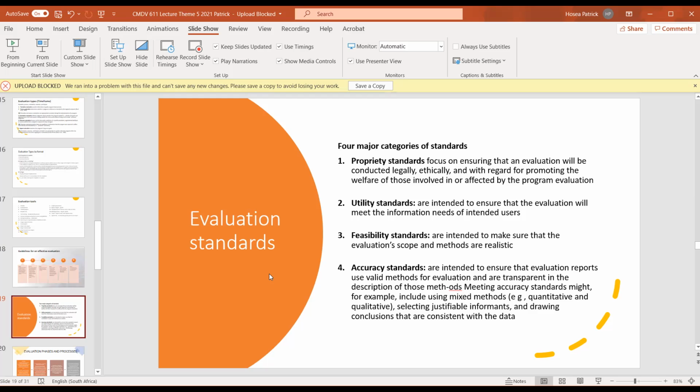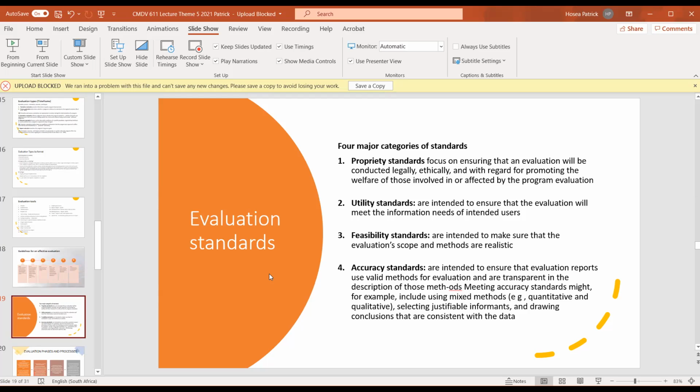Evaluation has to be legal and it has to be ethically done. And the idea of an evaluation is to enhance the project itself, enhance it. If it's a formative evaluation, to enhance the delivery system of that particular project. If it's a summative evaluation or an outcome or an impact evaluation, it's also to gather lessons to improve on subsequent projects at the end of the day. So that's what we mean by that standard.